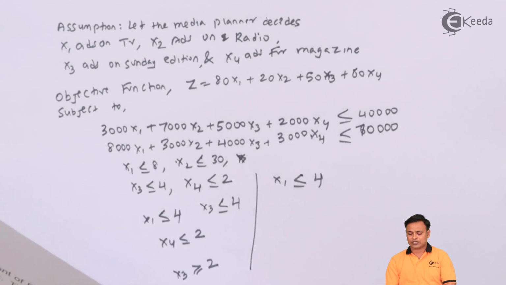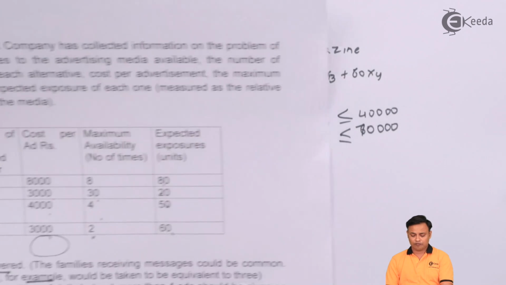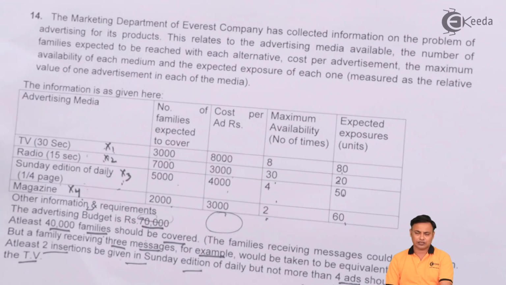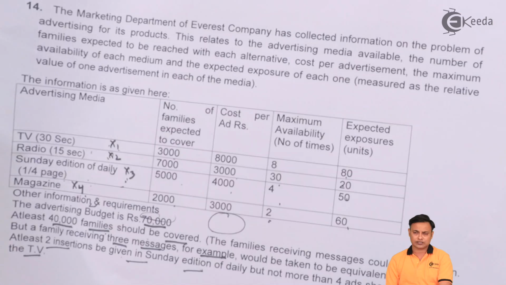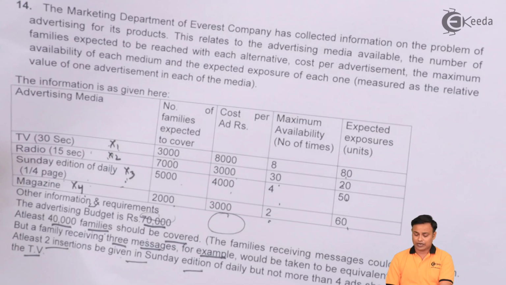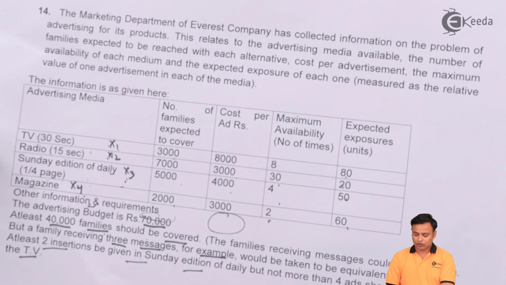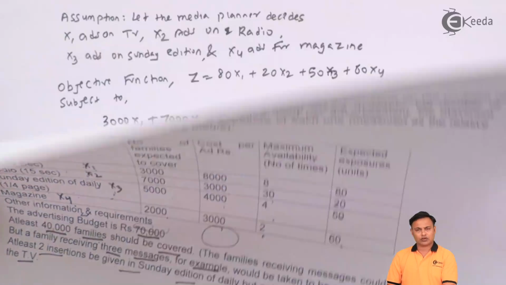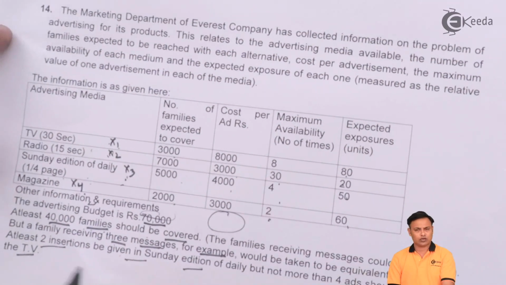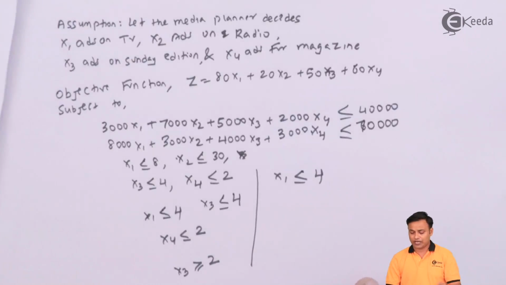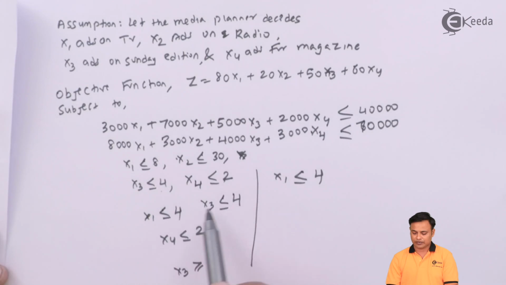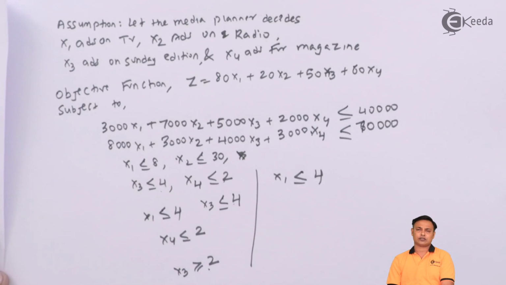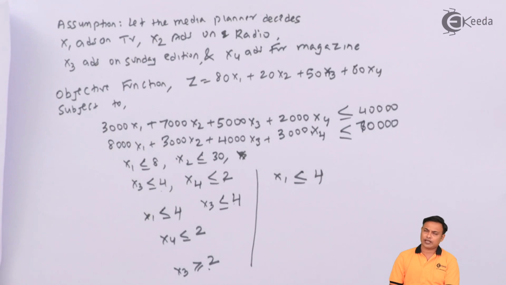So there are too many constraints here. We had the budget constraint, the number of families to be covered constraint, then the frequency of the number of advertisements in the various channels. That was a bit complicated, and based on all those things we have formulated a problem with one objective function and 10 different constraints.